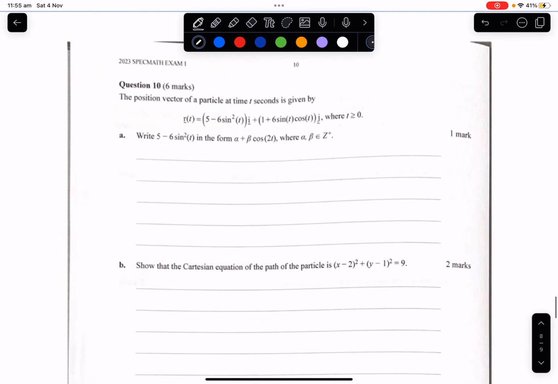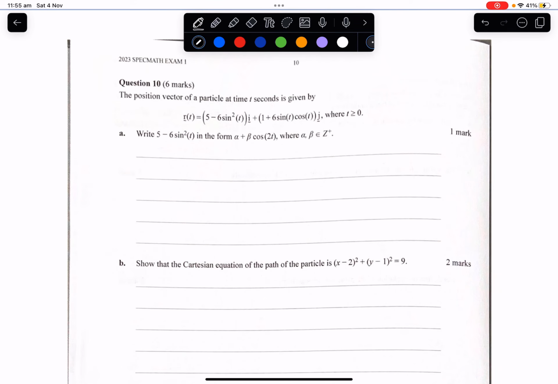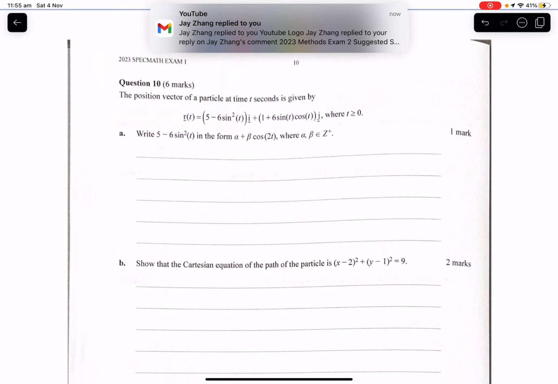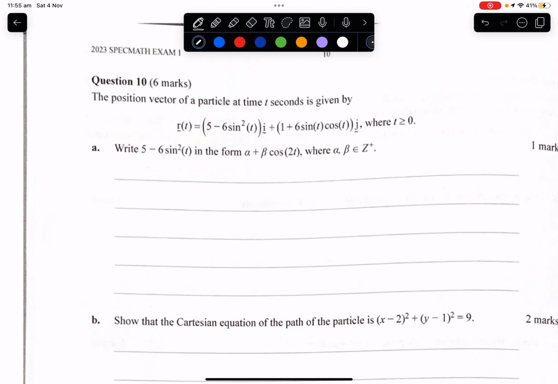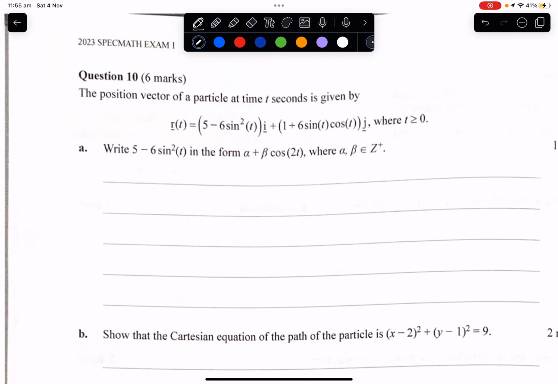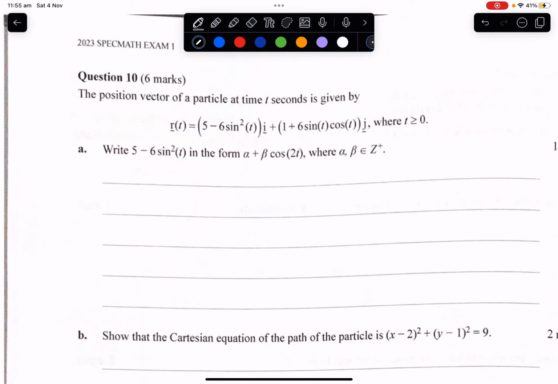Last question. Position vector of a particle at time t seconds is given by that. Write 5 minus 6 sine squared t in the form alpha plus beta cos 2t. So this is alpha plus beta cos 2t, and cos 2t is 1 minus 2 sine squared t.